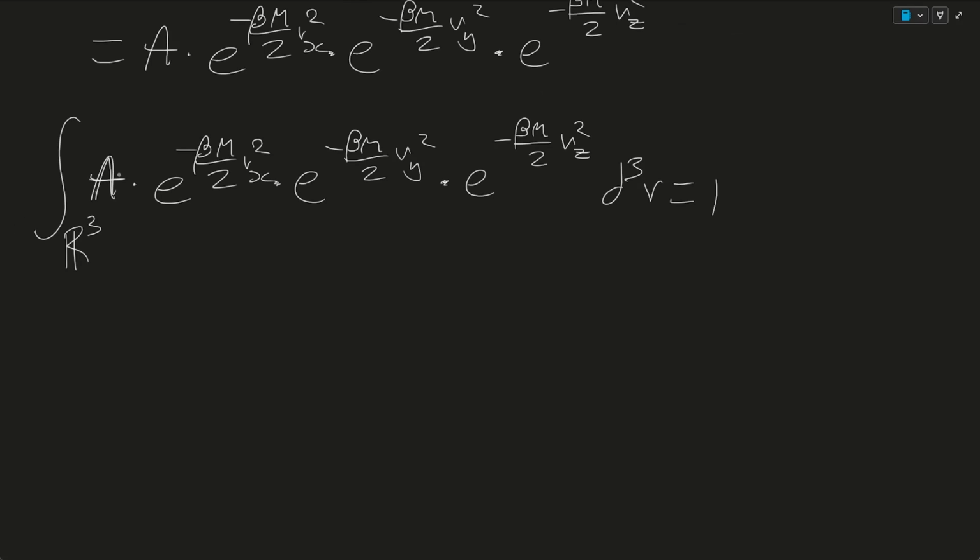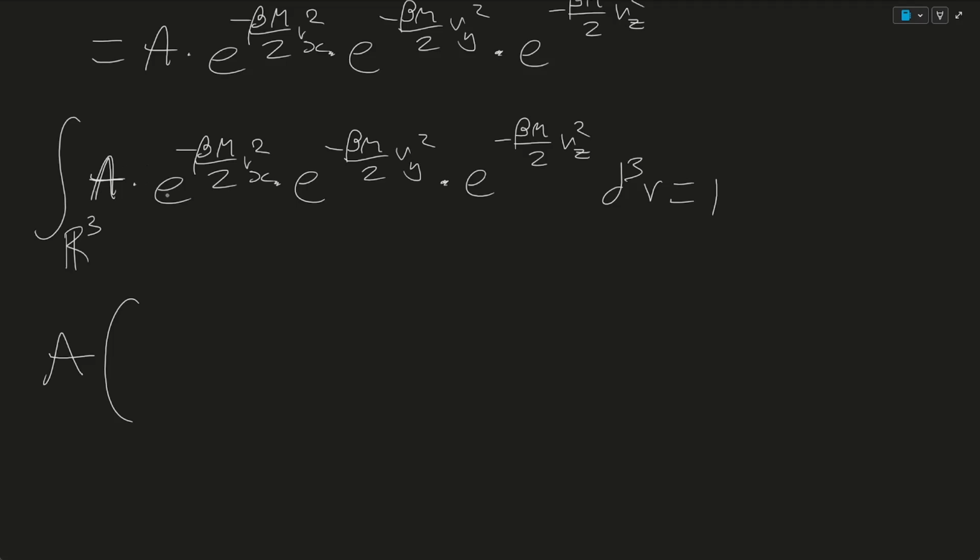And now integrating each one of, well, first of all, A is a constant and it's not dependent on v, so we can take that out. So our final answer is going to have A at the beginning. Now, the Gaussian identity from the Gaussian integral says that the integral from minus infinity to infinity of e to the minus k x squared dx is equal to root pi over k. And our k here is beta m over 2.